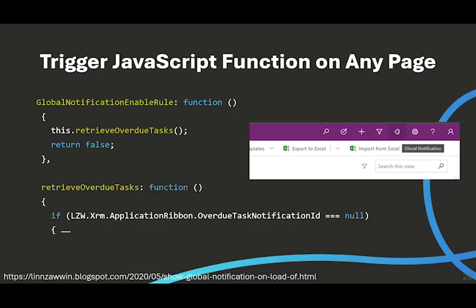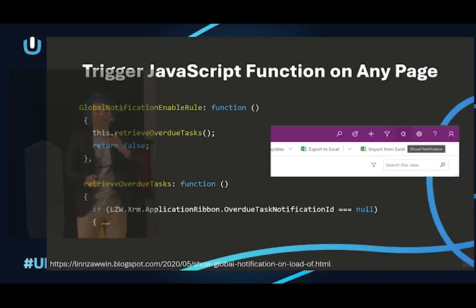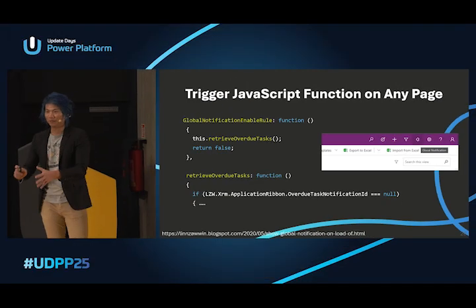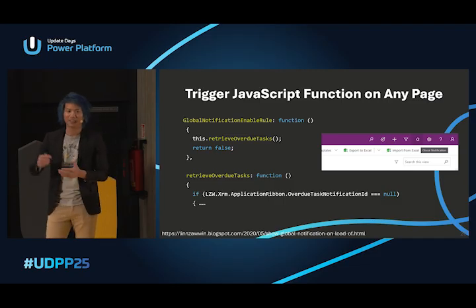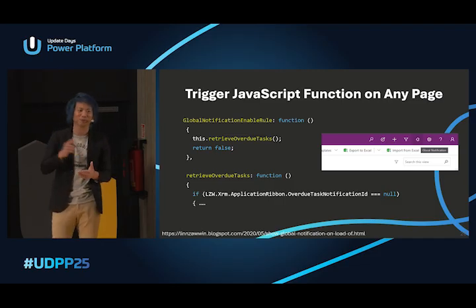The only caveat is that this custom rule will trigger on every navigation. If you go to the dashboard, the list view, or click on one of the records, it triggers each and every time you navigate around.